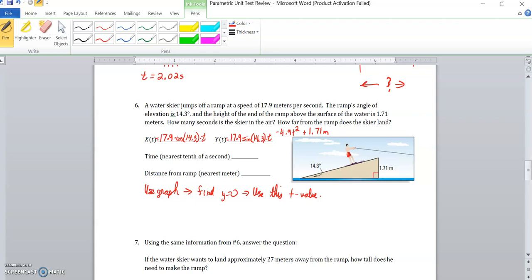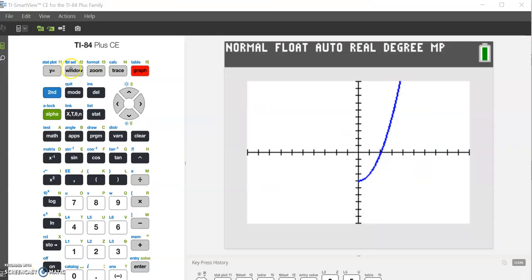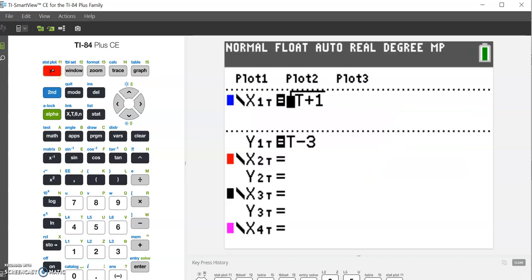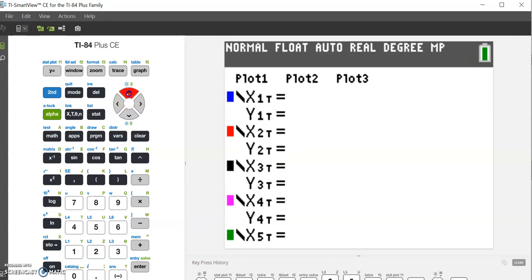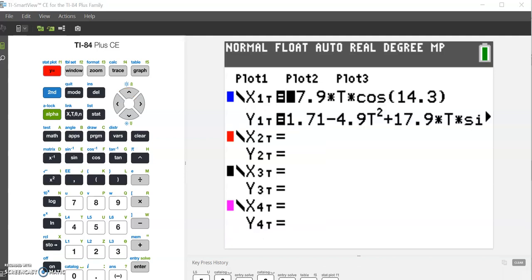So let's just plug this into a calculator and see what happens. Actually, I'm going to pause just to enter it, just to save some video time. Okay, so here it is. Just make sure you get everything plugged in correctly.